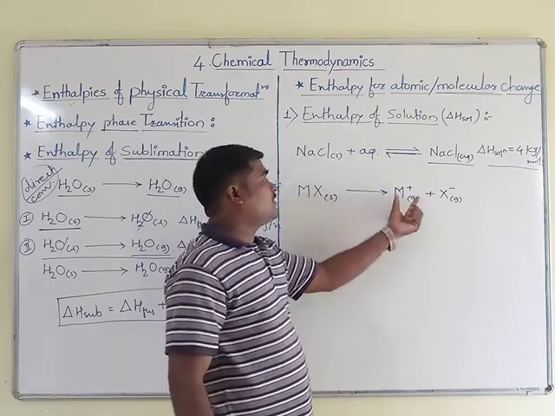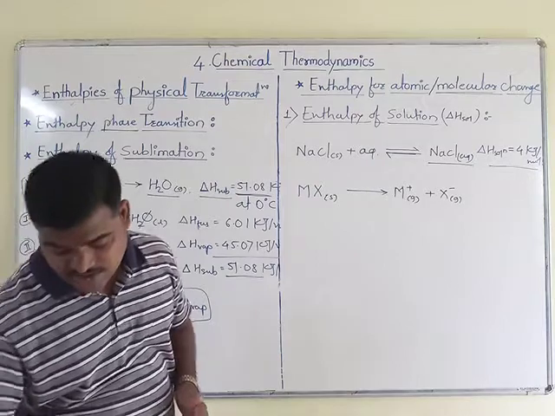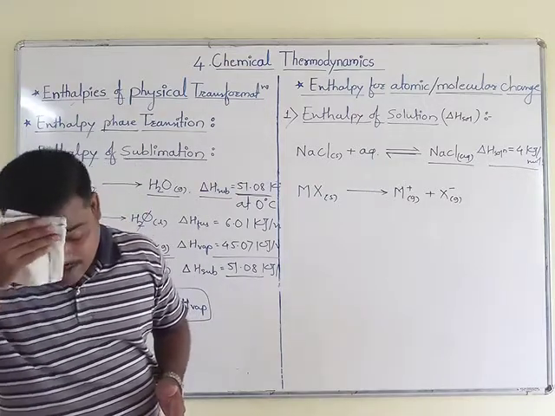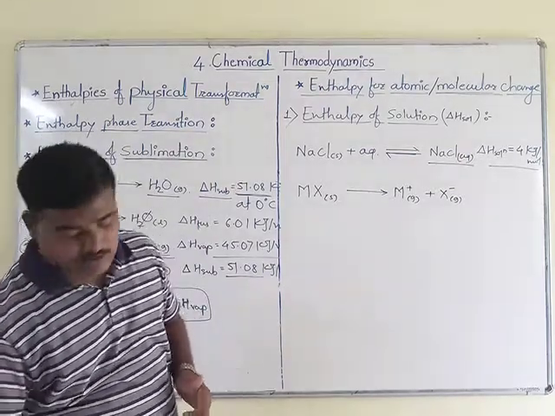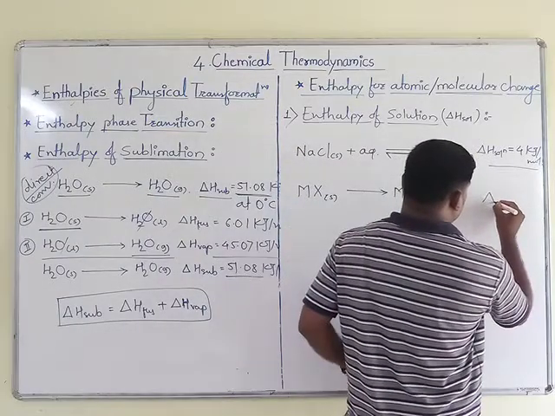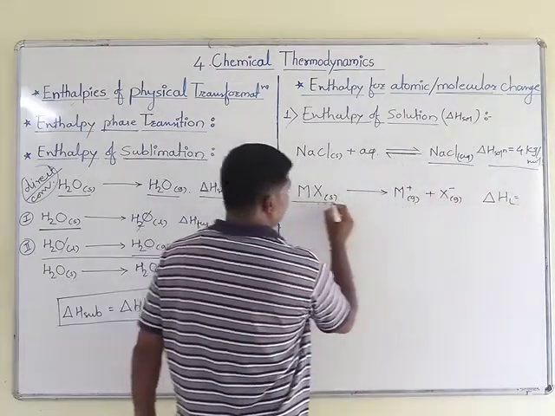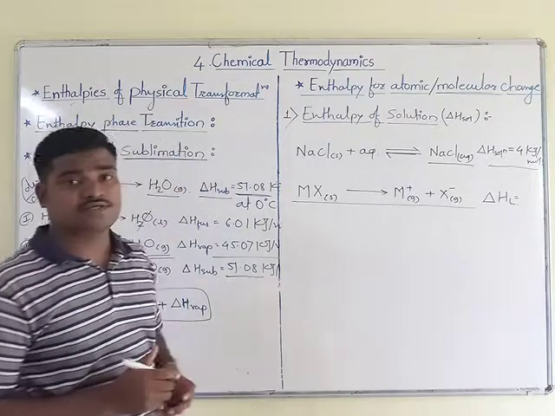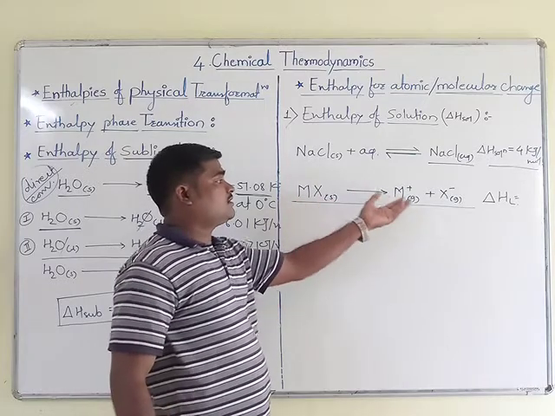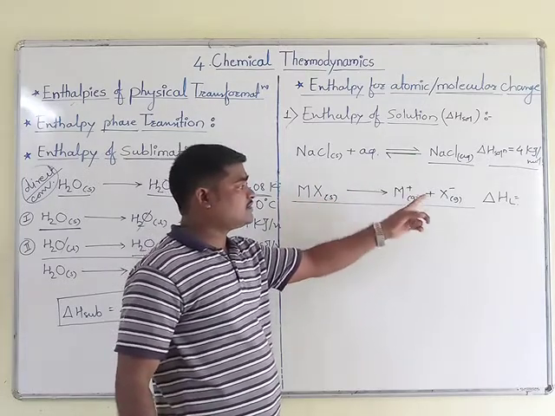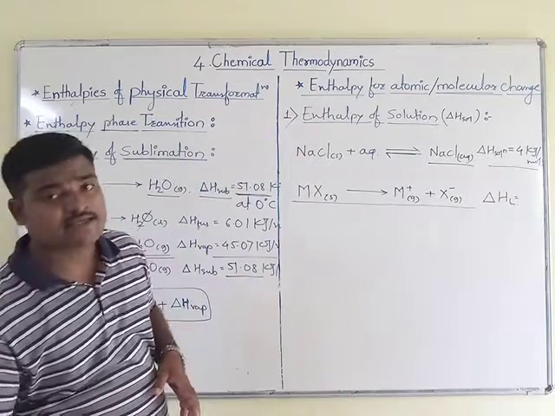So when MX ionizes as M+ and X-, we call that process ionization, and the enthalpy change for this step is called the crystal lattice enthalpy, delta H L. When any ionic substance ionizes into its corresponding ions, the enthalpy we calculate for this change is the crystal lattice enthalpy.